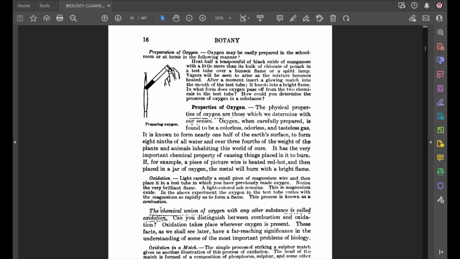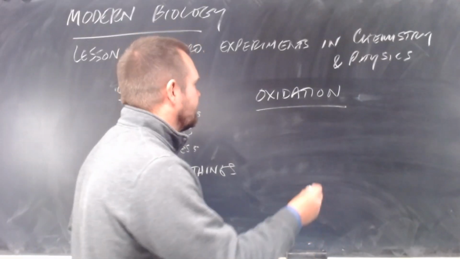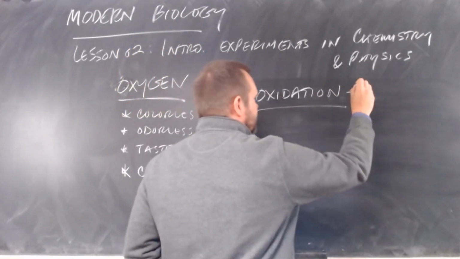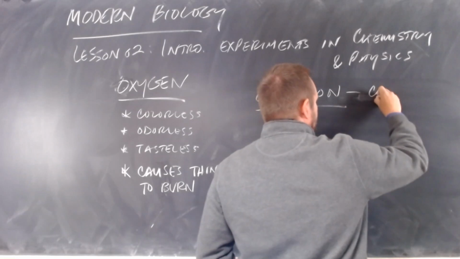So what is oxidation? What is oxidation? The chemical union of oxygen with any other substance is called oxidation. So what is oxidation? Oxidation, let me get this in your notes.